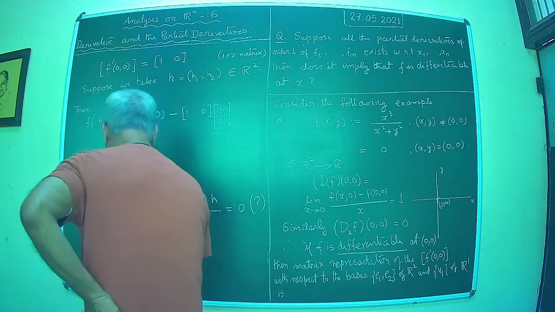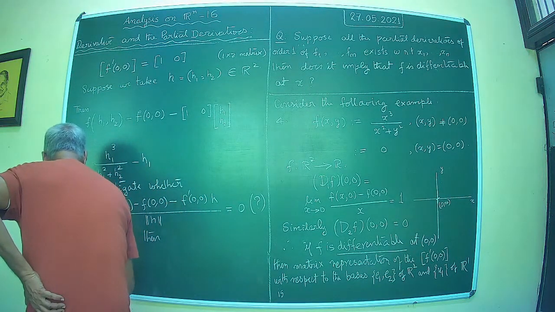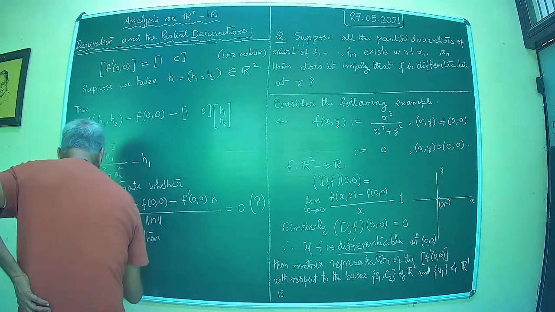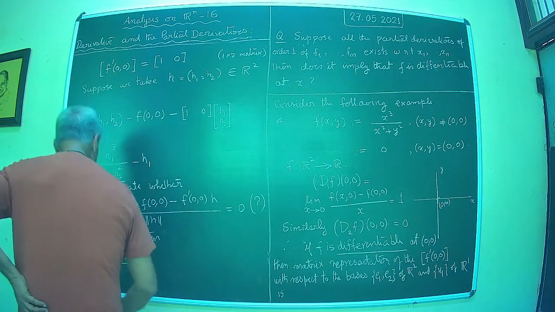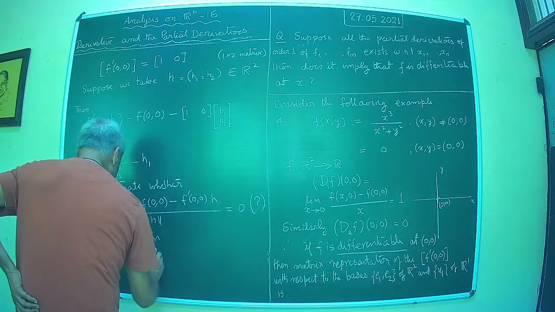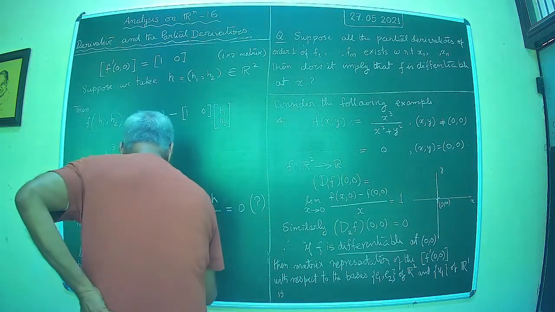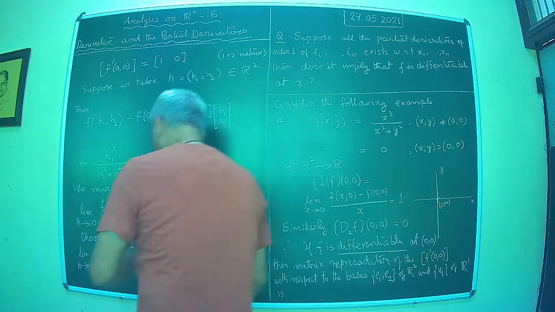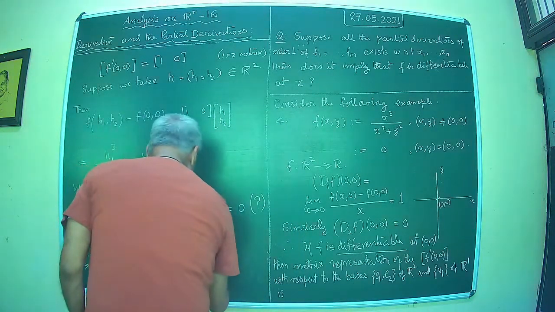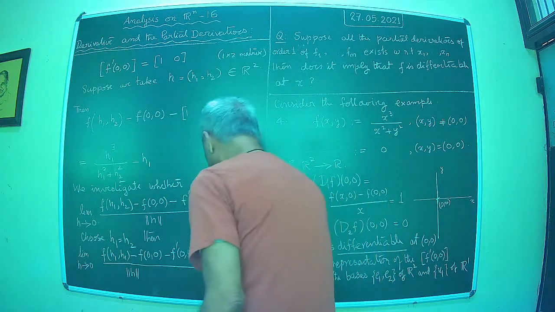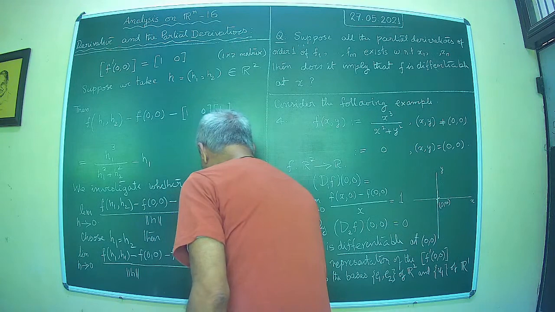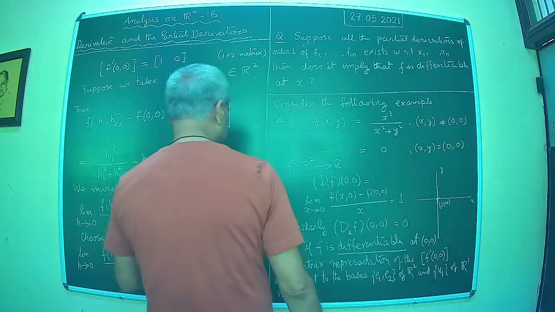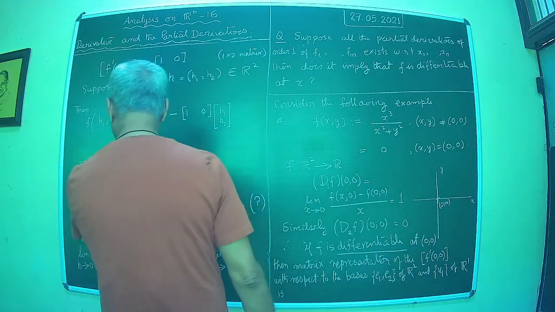Then f derivative at (0,0) applied over H, divided by norm of H, is equal to the limit of H tending to 0 of what you have, H1. We have already got this, so you simplify this.